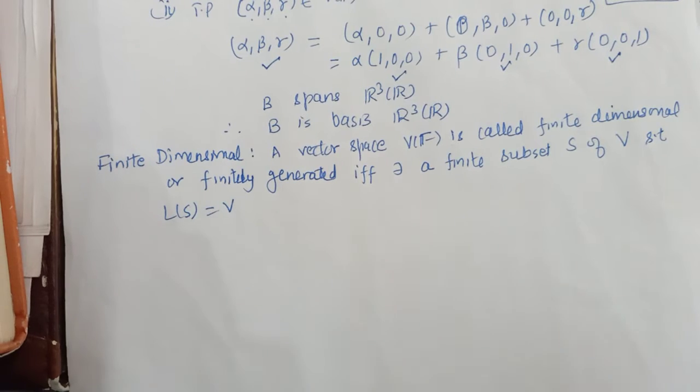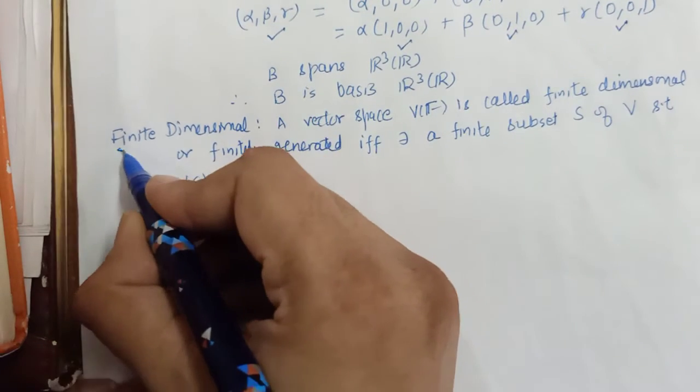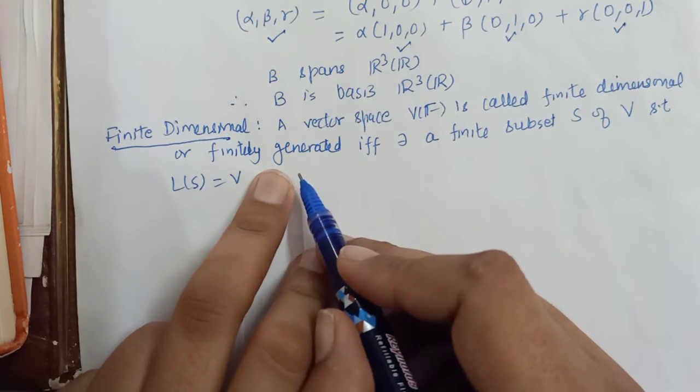Next, I am moving on to finite dimensional vector space. A vector space is called finite dimensional vector space if it is finitely generated.